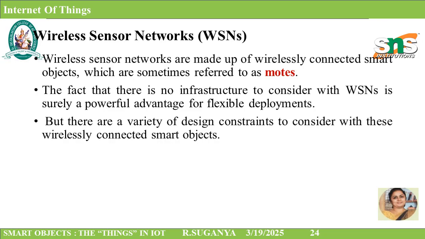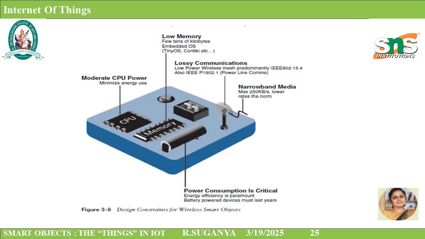It can be deployed very flexibly, and we have some design constraints with the wireless connected smart objects. As we have seen here, narrowband media, which has 250 kbps, and lossy communication, with low memory and moderate CPU power. So there are some design constraints for wireless smart objects.